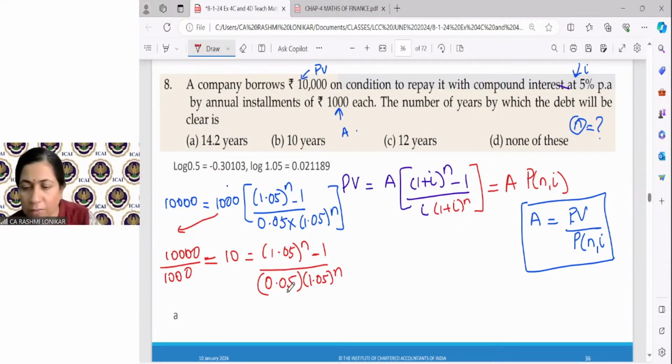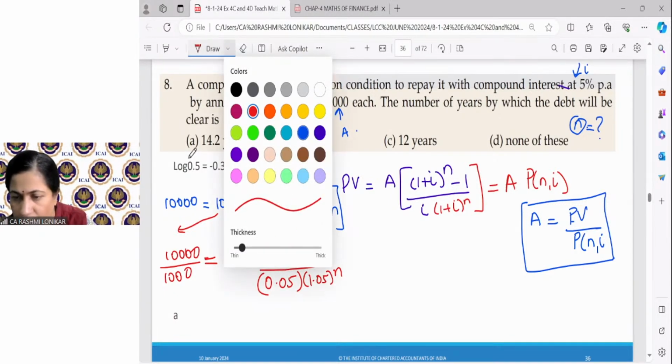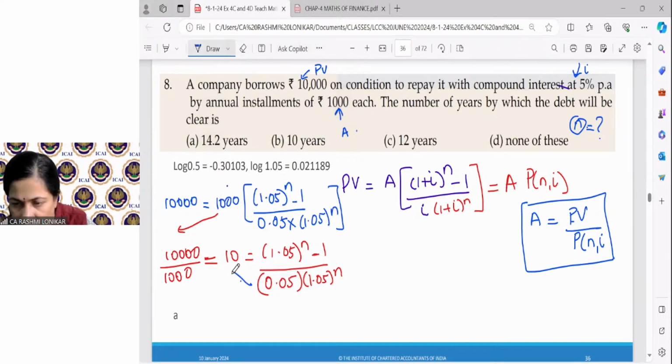So now what I will do, I will cross multiply. Okay. This I will multiply with this 10. So what will I get? This is equal to 10 into 0.05 into 1.05 raised to n to be equal to 1.05 raised to n minus 1.